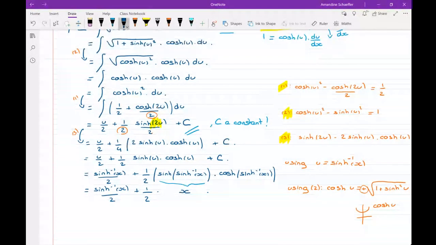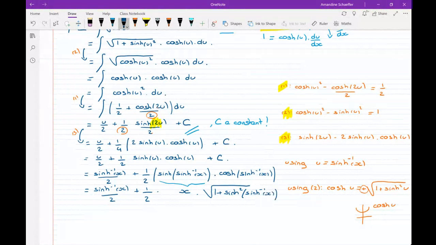Okay, getting that. So cosh of sine -1 is going to be, I said that cosh is plus square root of 1 plus sine squared of u, and here the u is sine -1 of x. Okay, this is all under here, and that gives you, I think we're getting there.